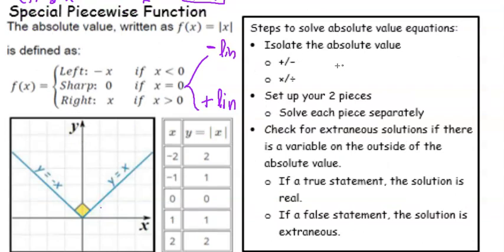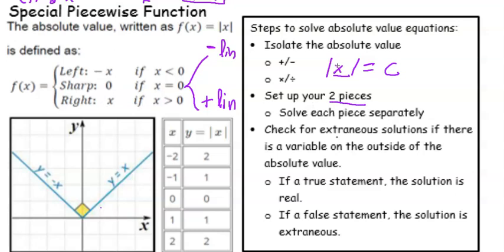You will add or subtract the numbers outside of the absolute value, and then multiply or divide by the coefficient that may be in front of the absolute value, until you get the absolute value of some expression equals some other expression. Then you'll set up your two pieces, your negative piece and your positive piece.